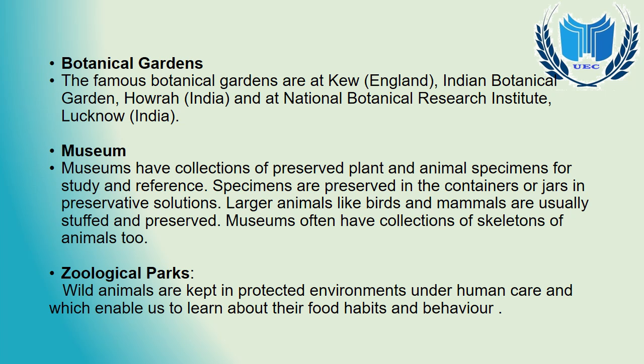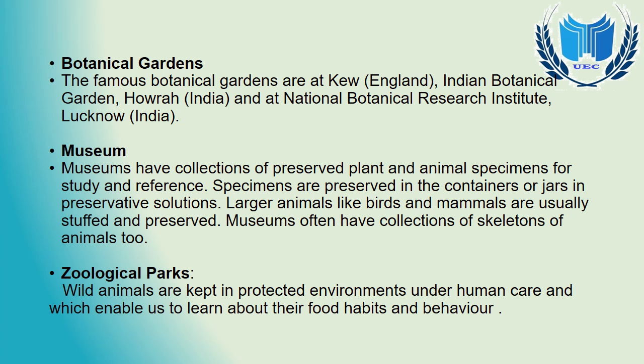So these are zoological parks where wild animals are kept. Wild animals are kept in protected environments under human care. Why is it so? Because this is an artificial park. It is not jungle, right? That's why the human care is necessary for the animals, to feed them, to look after them, everything.